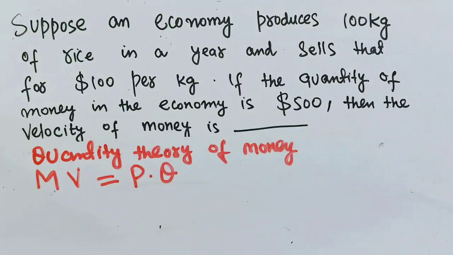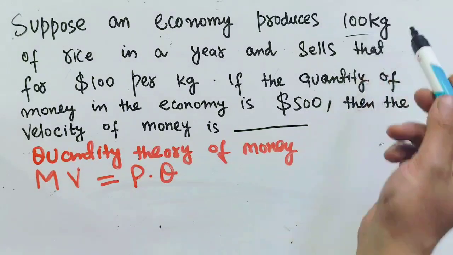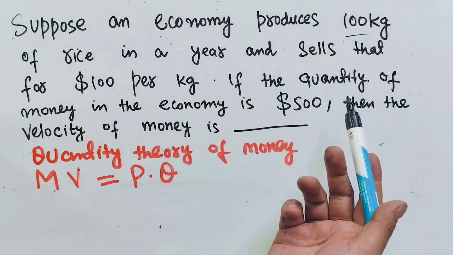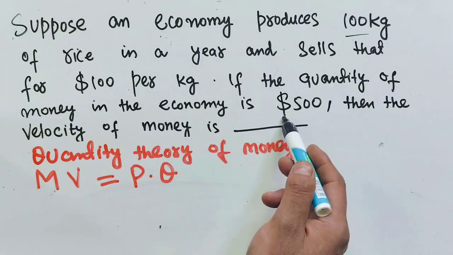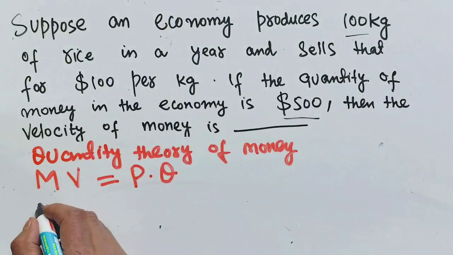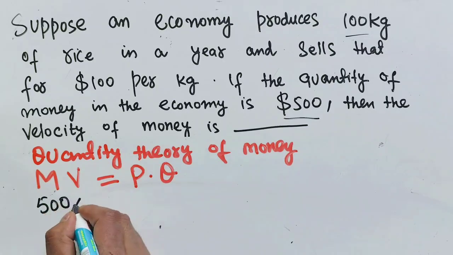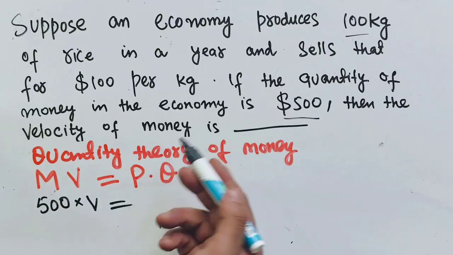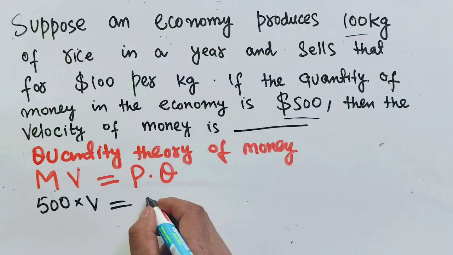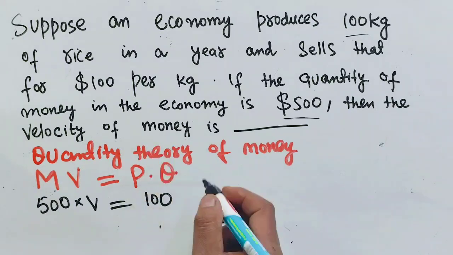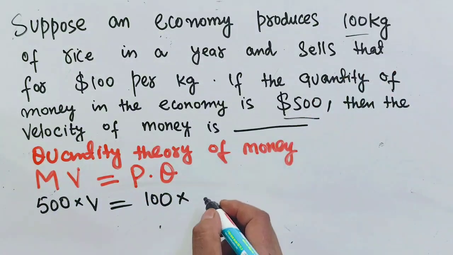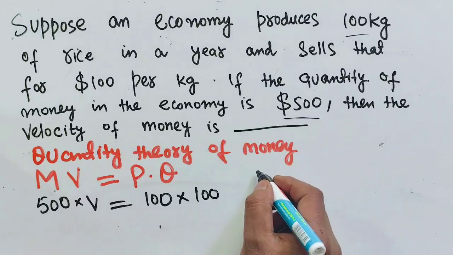Here GDP is the output, that is 100 kg. So money supply is being given as 500, times V, should be equal to the price, which is 100, times the output produced, which is 100.